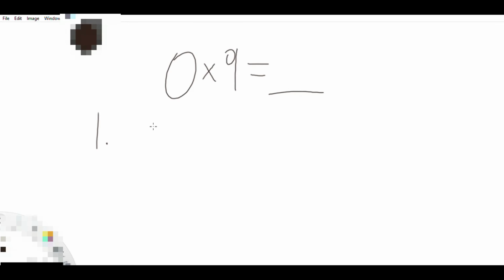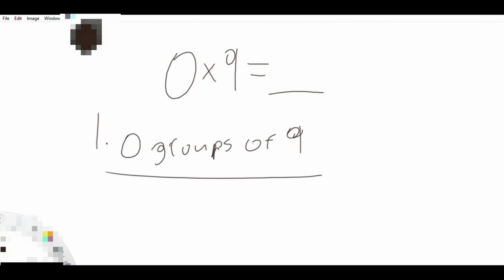So first let's write the statement, 0 groups of 9. So for this statement, there's technically no circles at all, and times 9, there's no groups.